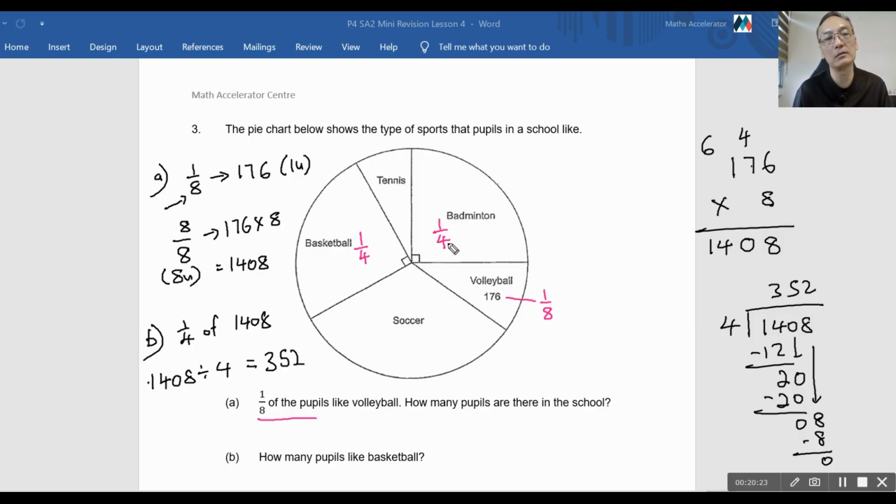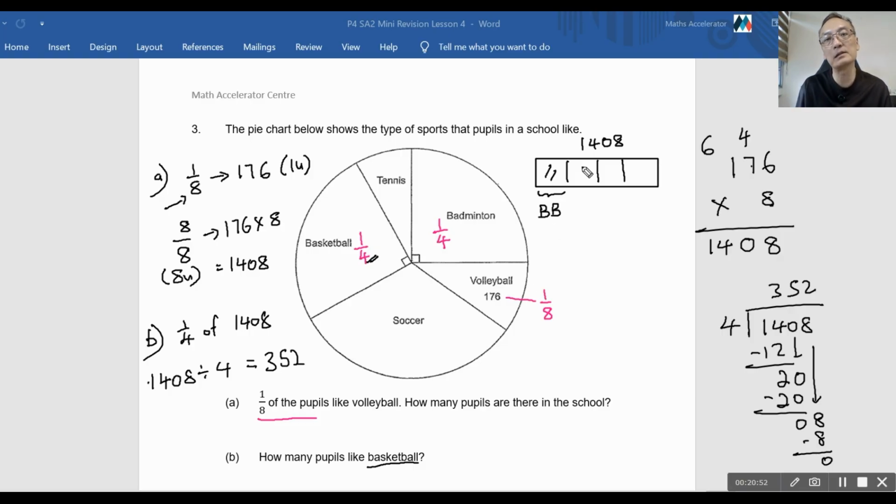What's another way to solve part B? We know that the number of pupils who like basketball is 1/4, right? We can also use a model to help us understand this situation, where we have 4 units. 1408 is the total. 1/4 of them like basketball, right? Let's write BB for basketball.